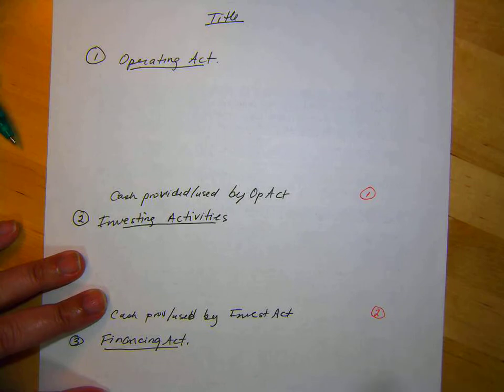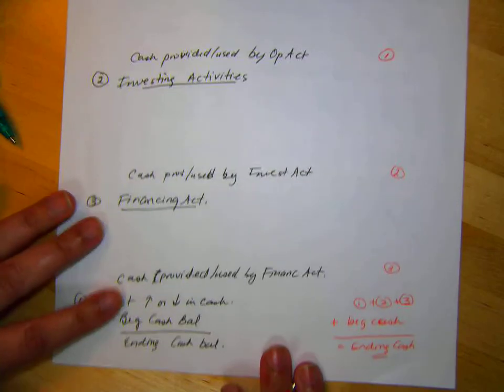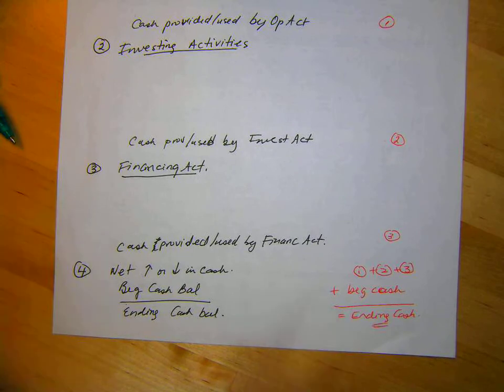Sorry, when we add this to beginning cash, we should get ending cash. Whoops, sorry about that, I didn't show you. Okay, I'll just leave that there for a sec. So when you're first doing this, instead of trying to first find all the operating activity, it's good to just start with the statements, go down each one and put them in.